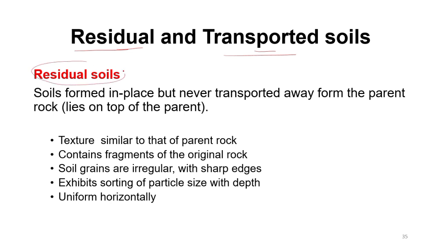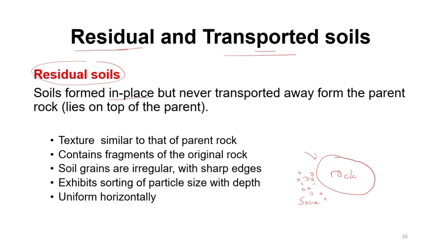So what do we mean when we say a soil is a residual soil? These particular soils are formed in place, never transported away from the parent rock. What this means is that if I have a rock mass, and this rock mass tends to disintegrate or undergo chemical weathering to form uncemented sediments, known as what?